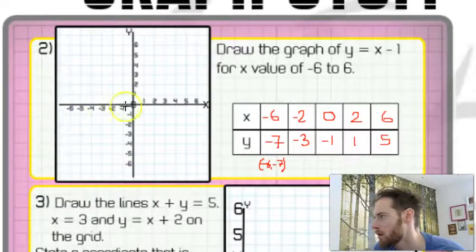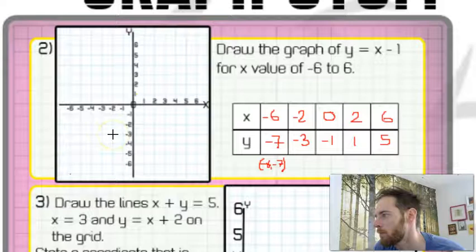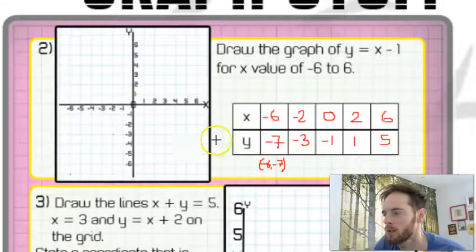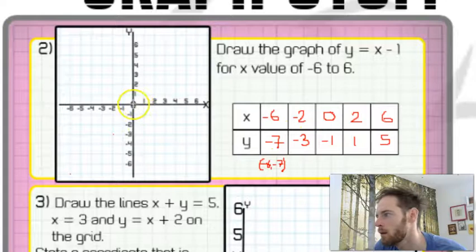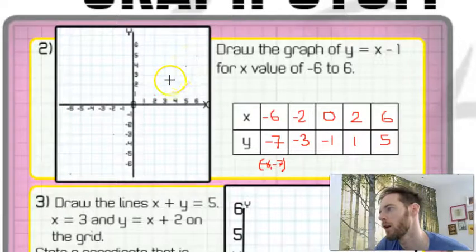So, minus 6 on the x, minus 7 on the y, plot the point. Okay? Minus 2, minus 3, go across to minus 2, go down to minus 3. Plot the point. Okay? Plot the point with x's. I'm not doing that because the mouse doesn't work brilliantly. Okay? 0, minus 1. 2, 1. And 6, 5.